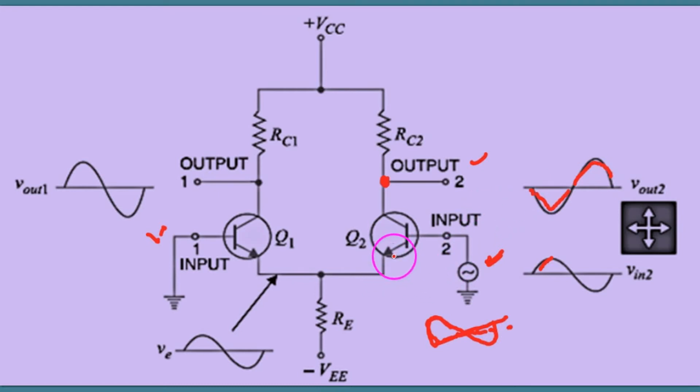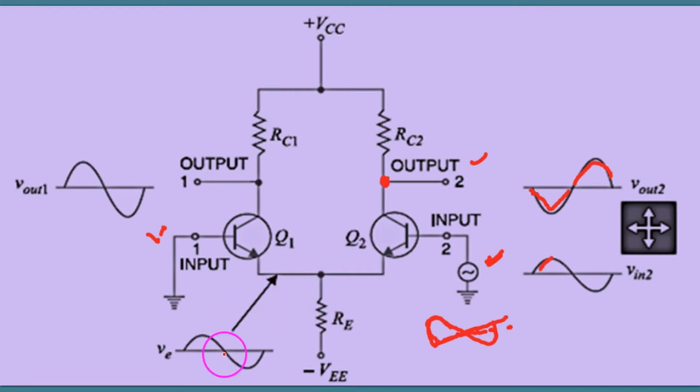Now on the other hand, the signal which is appearing here acts as a common collector, and whatever the shape of the signal, the same shape will appear here, but slightly down in amplitude, as it is common collector.